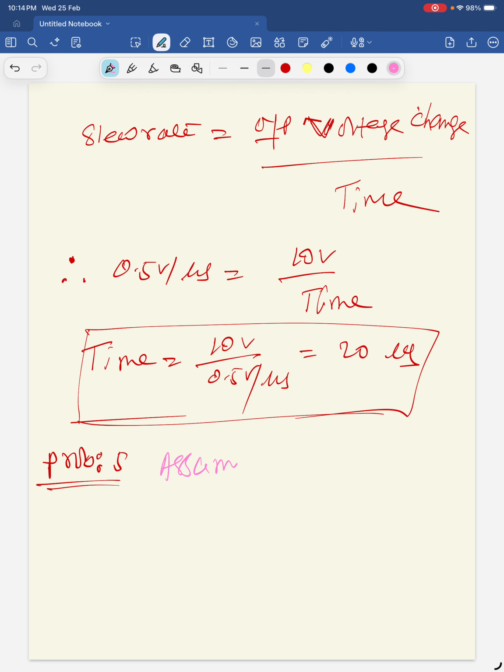Assuming that the slew rate for 741 is 0.5 volt per microsecond.